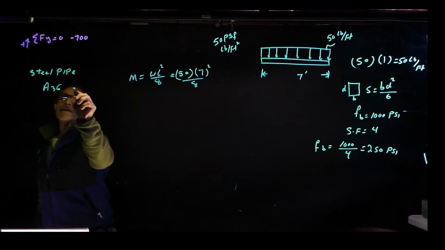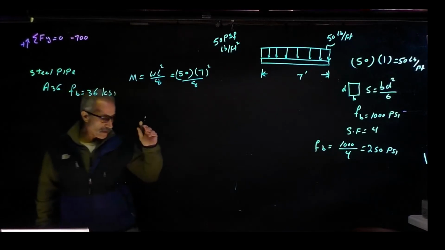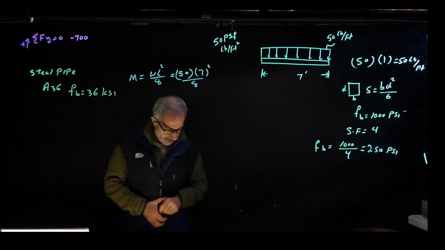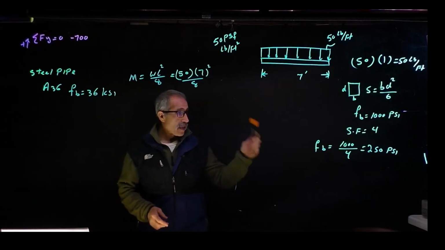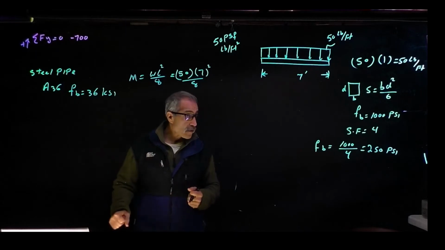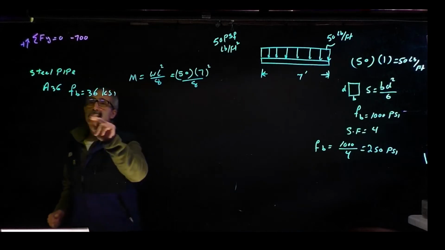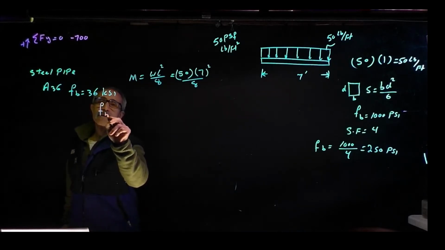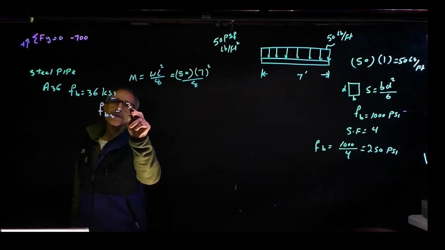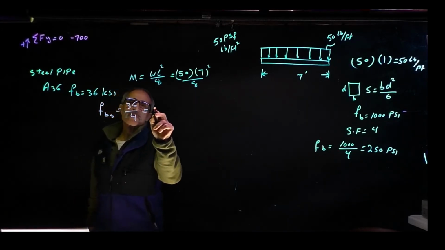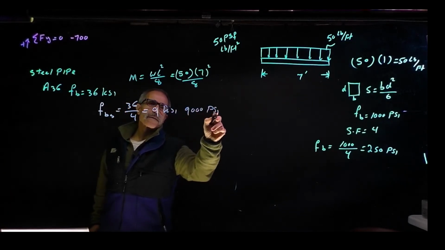A36 Fab is equal to 36 KSI. However, we said, okay, we know that, but the factor of safety is 4 for scaffolding. That means our Fab for this scaffolding, let's say Fab-S, comes out to 36 divided by 4, which is equal to 9 KSI or 9,000 PSI.